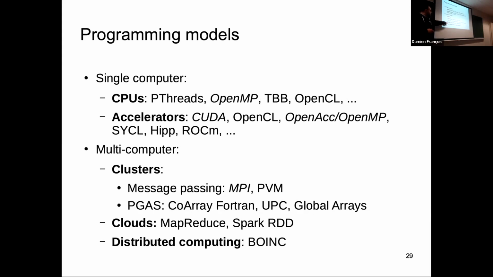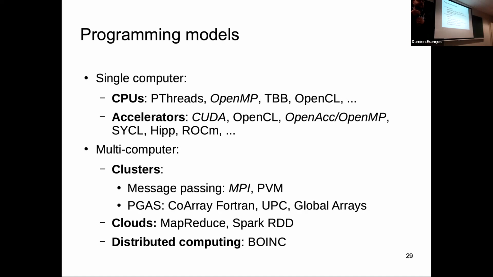If you work on the cloud, you will mostly not use MPI, but rather MapReduce or the RDD from Spark. And if you work with distributed computing, remember SETI at Home or Folding at Home, the software that organizes the work and that you need to use to create software that will run on this infrastructure is called BOINC.